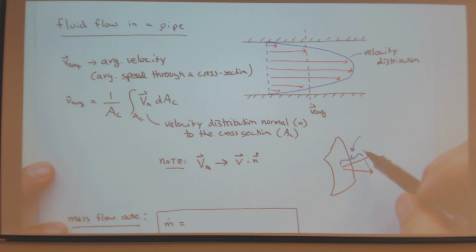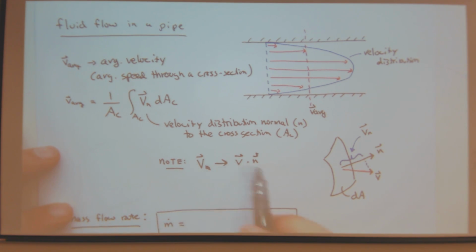Here's a picture where this part right here represents V_n. This is n. And then this is the actual velocity. And this here represents dA.